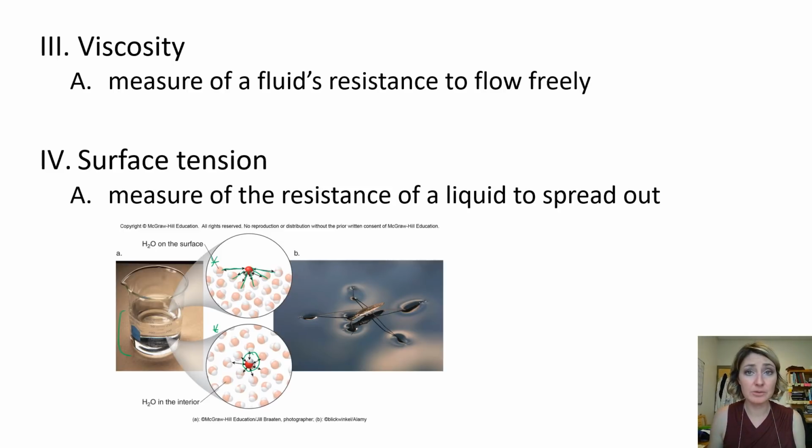The stronger the intermolecular forces are, the more they're going to pull down on these surface molecules and hold them intact. And the stronger your intermolecular forces are, the stronger these surface molecules are pulled down toward the interior of the liquid, and therefore the higher your surface tension. So it's not able to spread out as well.